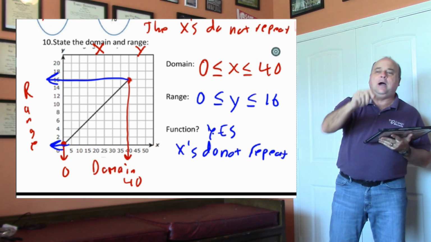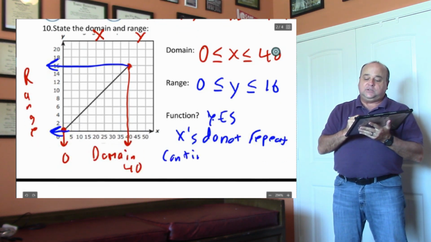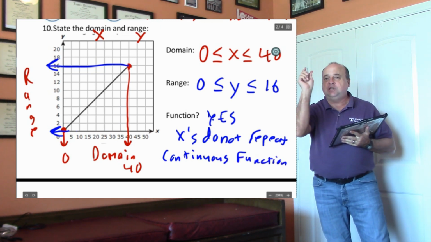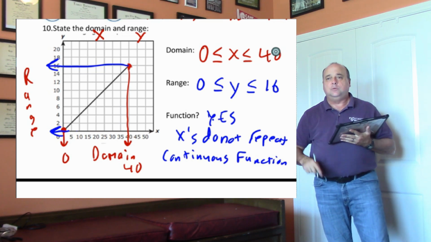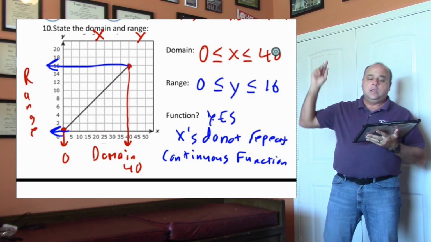This would also be, write this down, a continuous function, wouldn't it? If you have a continuous function, you'll use the less than symbols, won't you? If you have a discrete function, you'll write down the items, okay?